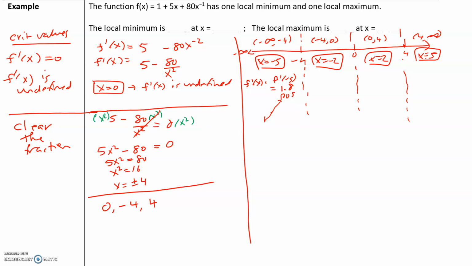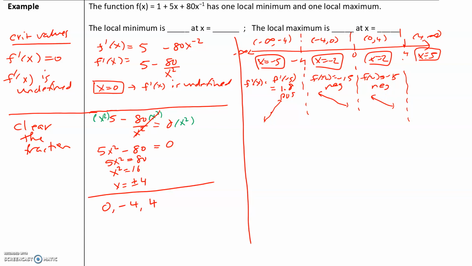For -2, we get f prime of -2 is equal to -15. This is negative, so the slope of the tangent line is going to be negative. For f prime of 2, we also get -15, which means the slope of the tangent line is negative and the function is decreasing.